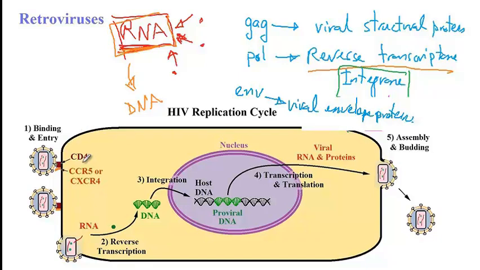Okay, so here you can see that we have a T lymphocyte. It has the CD4 receptors on its surface, and then there are also co-receptors called CCR5 or CXCR4 that are there. So the HIV virus recognizes these receptors, enters, and then can integrate its DNA into the genome, and later on become active and form new viruses.